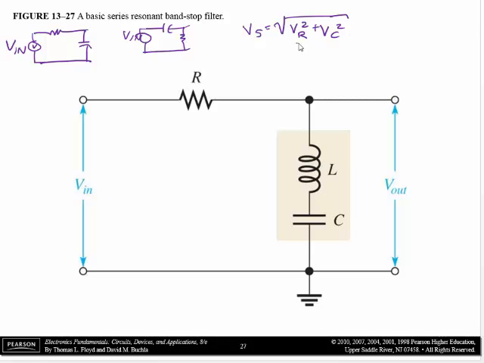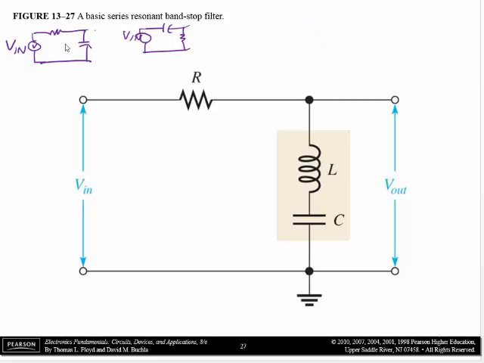So if VR is the output and it's at a maximum because we're doing a high-pass filter, if we're at some frequency where this is a maximum, this voltage will be a minimum. But it depends on which component you're looking at, whether you have a high-pass filter or a low-pass filter.